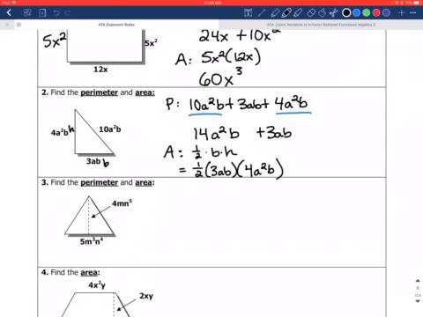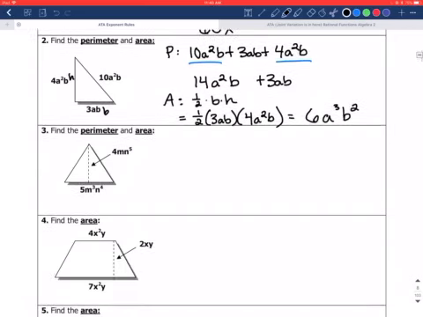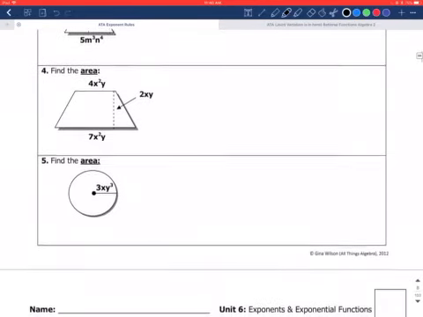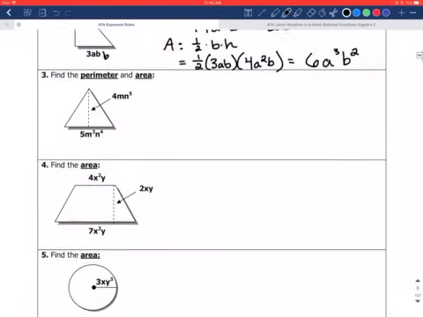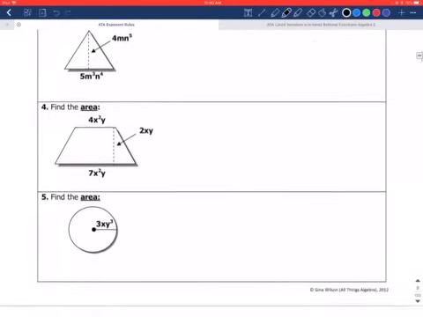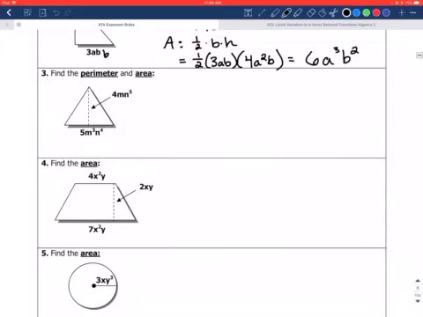So if we multiply 3 times 4, that will give me 12, and then divide that by 2, that gives me 6. That will be a to the 3rd power and b to the 2nd power when you're combining all of these. So I'll do 4 and 5 with you, and I'll set up the area for number 3.